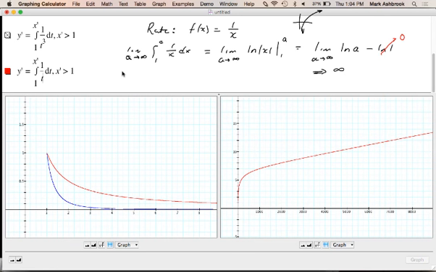Here's the big punchline: in order for a quantity to level off as x goes to infinity, it's necessary that the rate goes to 0. It's got to do that. But that's not enough.